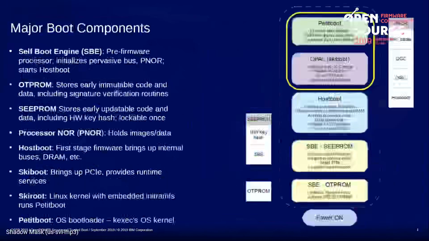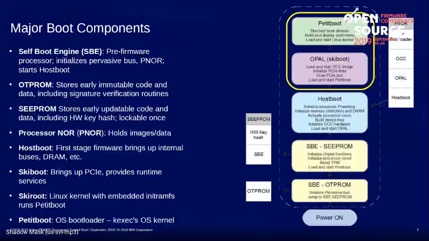Okay, so the SBE is some immutable thing. Then in OTP ROM someplace, then you have... Sorry, I'm just trying to walk through it so that it's clear. Can you go forward two slides?